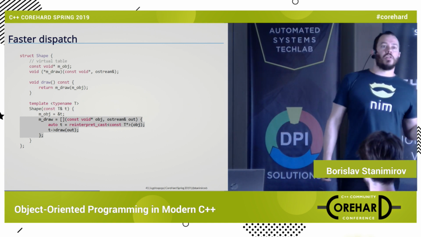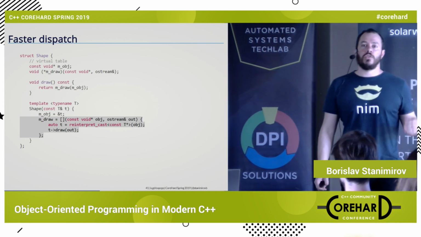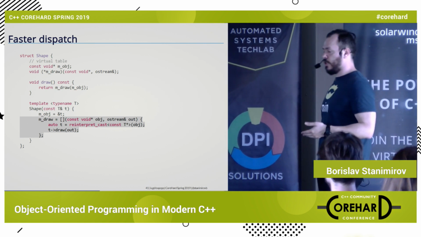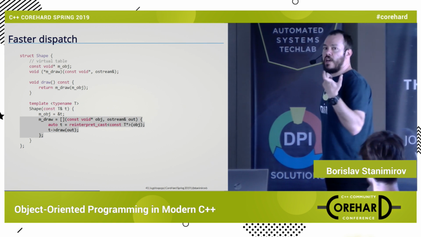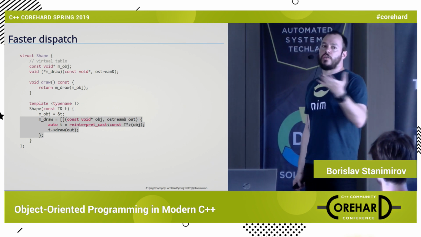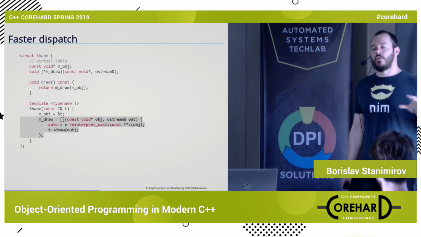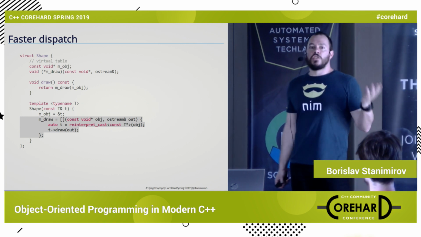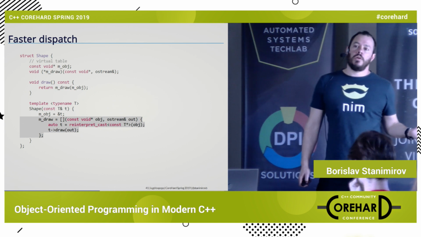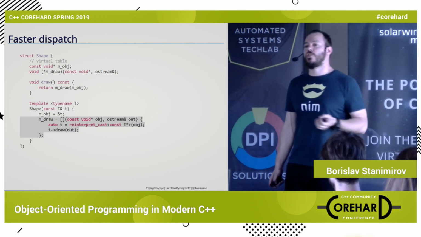We can implement something called the small object optimization. You know how strings have the small string optimization? Basically, they have a buffer, and if the string is shorter than some number of characters, it can be stored on the stack alongside the object. And some libraries, for example, Dyno and Boost.TE, have the small object optimization.